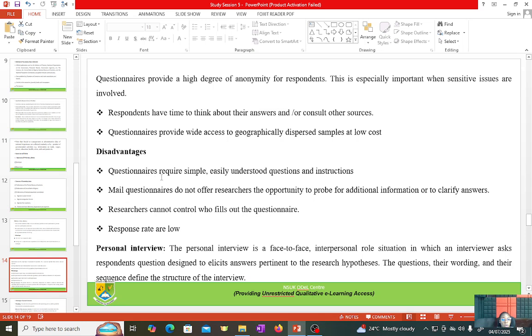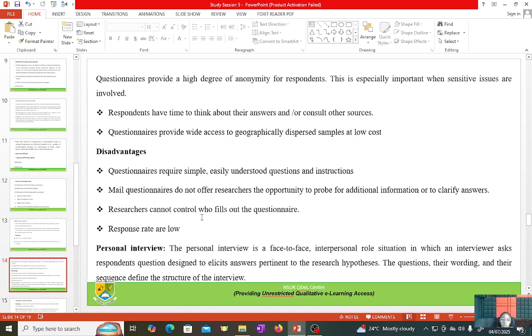Disadvantages: questionnaires require simple, easily understood questions and instructions. They need to be precise and straight without any confusion. Mail questionnaires do not offer researchers the opportunity to probe for additional information or to clarify answers.